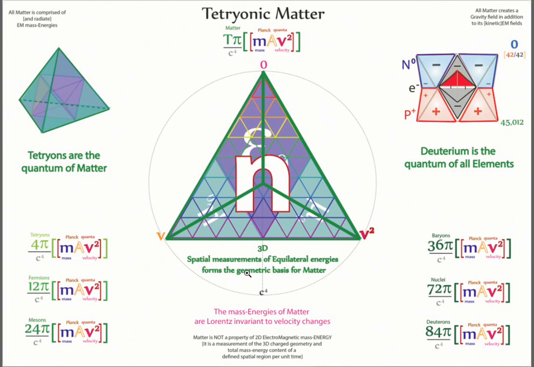In which case, the mass energy of 2D fields is in fact the mass energy of the fascia of tetronic geometries, or matter. And again, while it produces no force of motion, it does produce forces within the charged geometry of matter itself, and that's what gives matter substance and solidity.